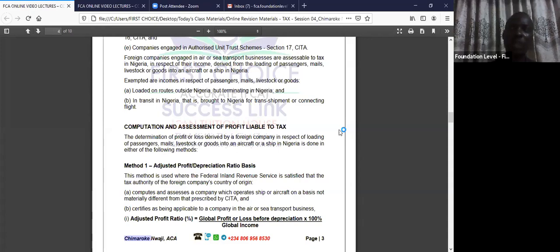That adjusted profit you have now divided by your gross income will give you the adjusted profit ratio. Why are we doing it? We want to know the ratio of profits over income.